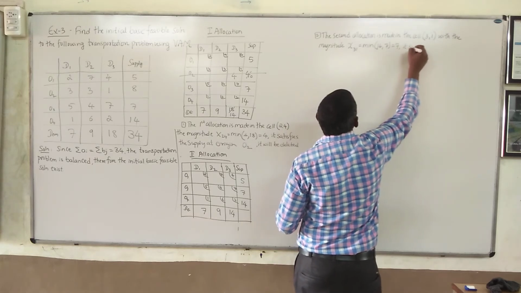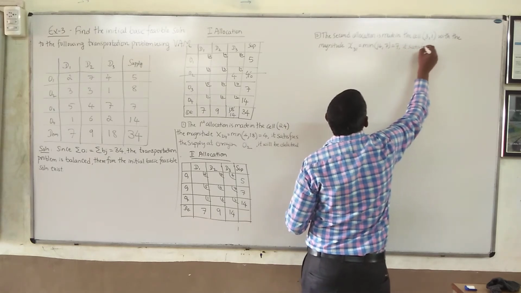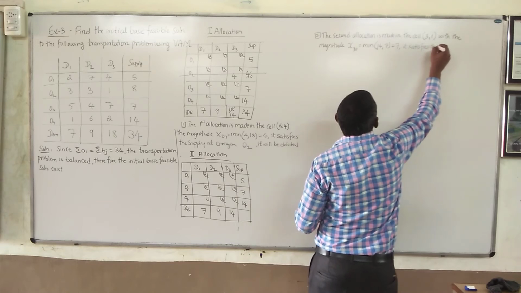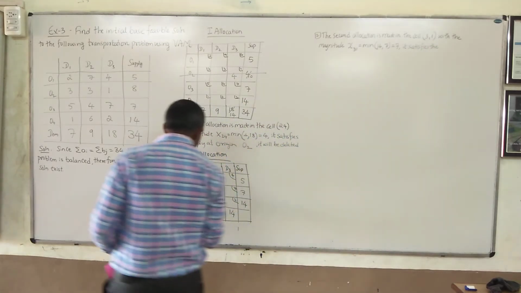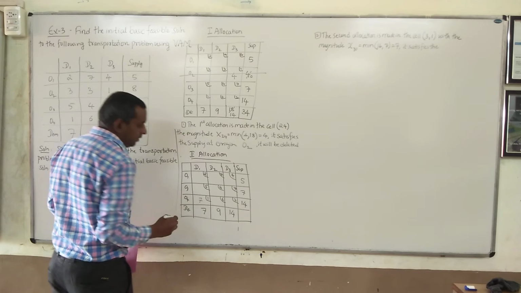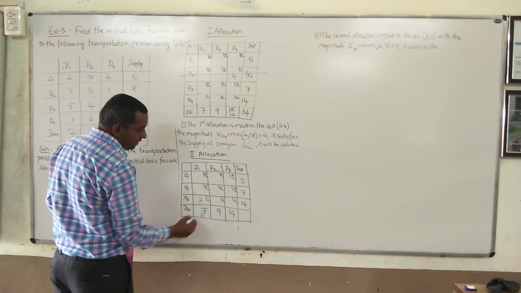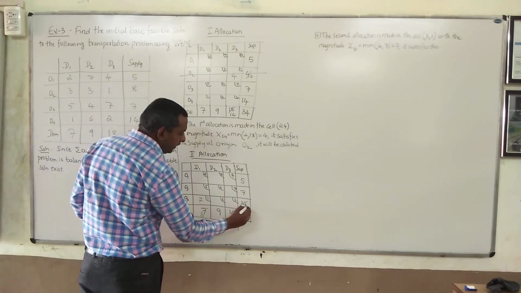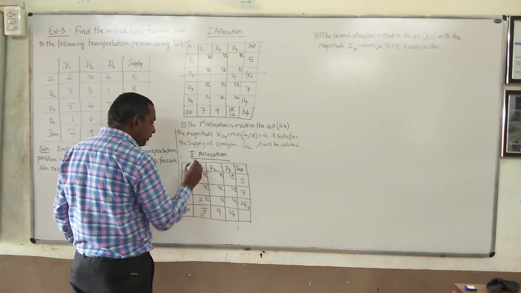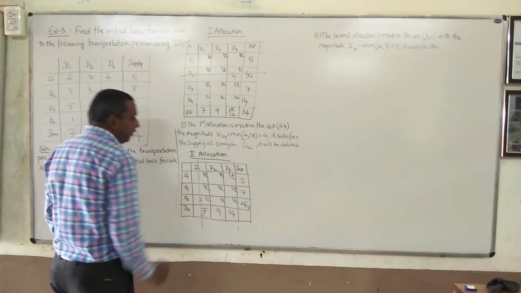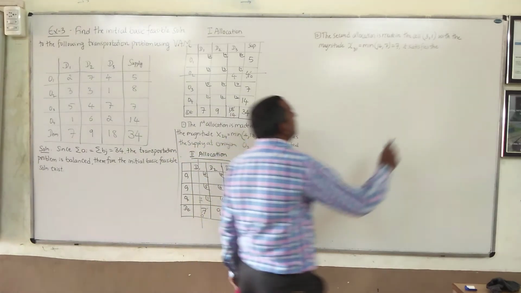So it satisfies the what? I have to write 7 here. So this 7 minus 7 is 0. 14 minus 7 is 7. So this whole column is deleted.